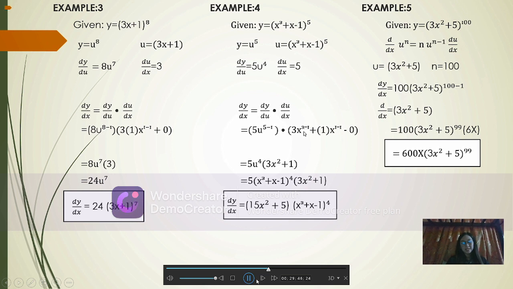So, ito yung magiging sagot, 3x to the 2nd power. Then, plus, dito, 1. Then 1 minus 1 is equal to 0. Ang natira lang dito is 3x to the second power plus 1. So, 1 lang yung natira dito sa may right side. And then is equal to 5(x cubed plus x minus 1) to the fourth power and (3x squared plus 1).